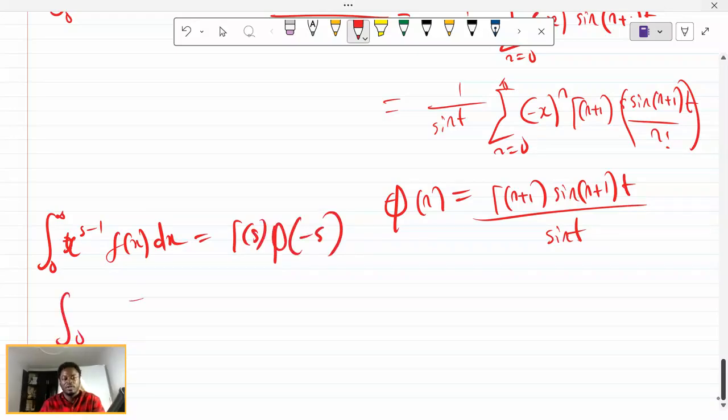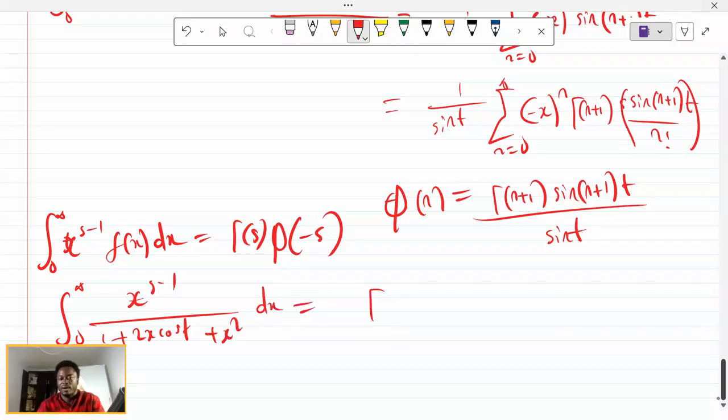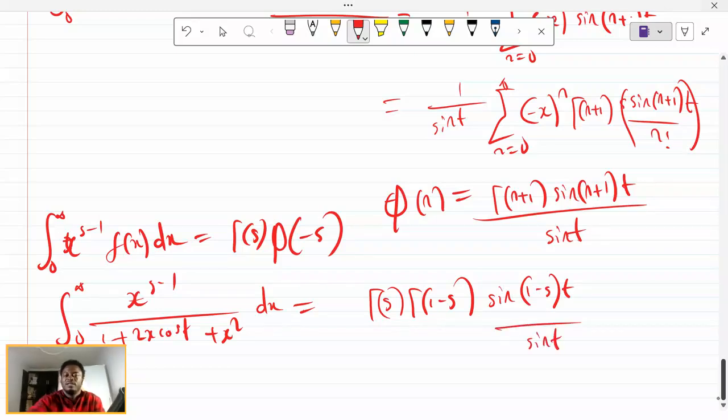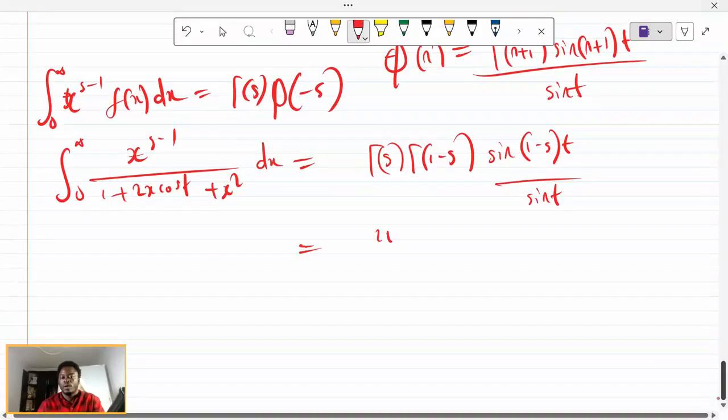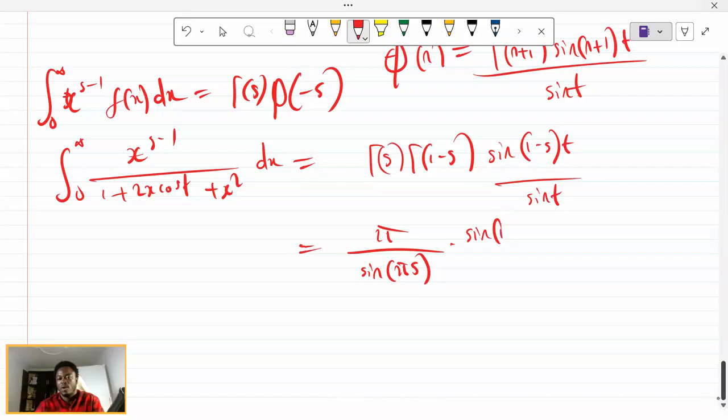So in this case, the integral from 0 to infinity of x to the s minus 1 divided by 1 plus 2x cos t plus x squared dx would be equal to gamma of s, gamma of 1 minus s, then sine of (1 minus s)t all divided by sine t. And this is pi over sine pi s times sine of (1 minus s)t all divided by sine t.